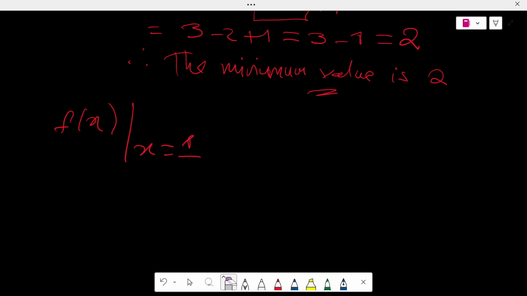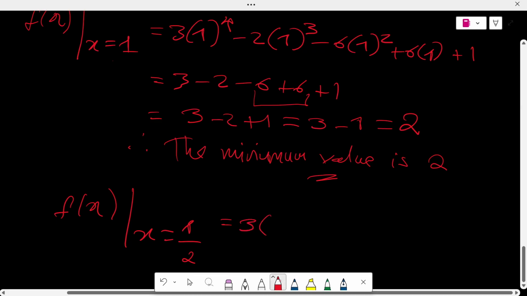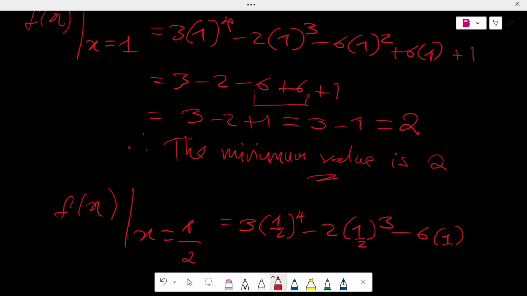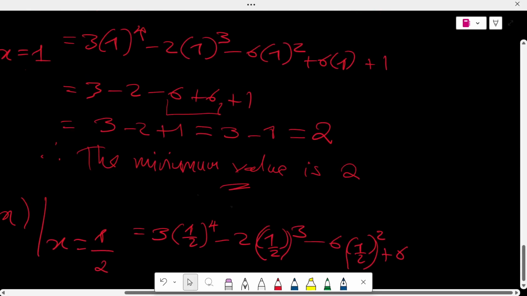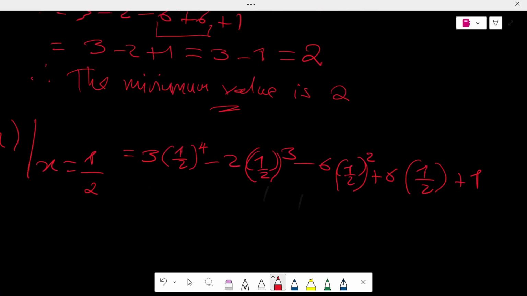Sorry, the maximum which is at half. So our maximum will be 3, 1 over 2, 1 over 2 squared, then plus 6, plus 6, 1 over 2, and plus 1.